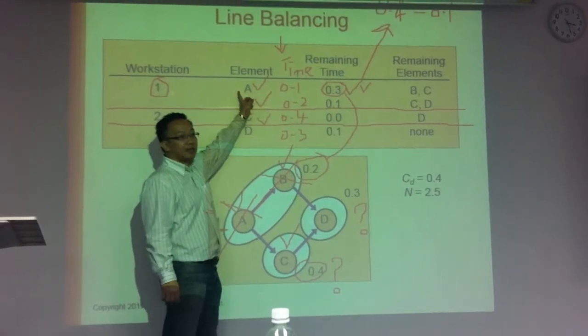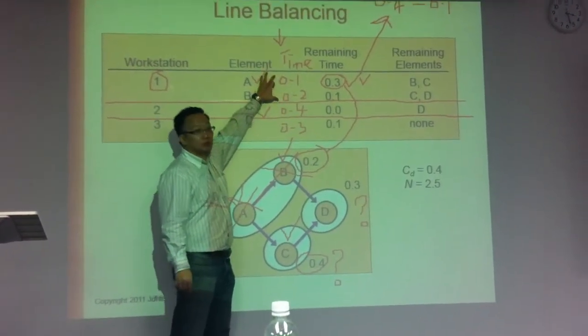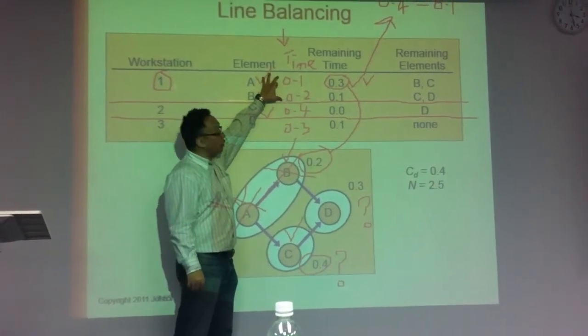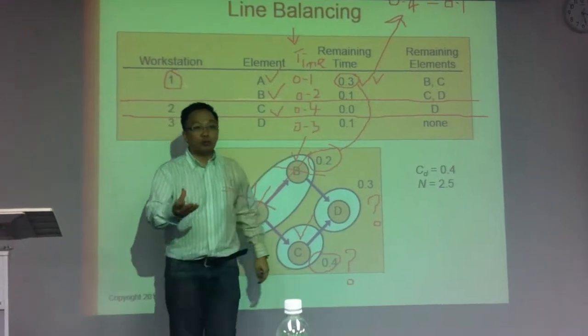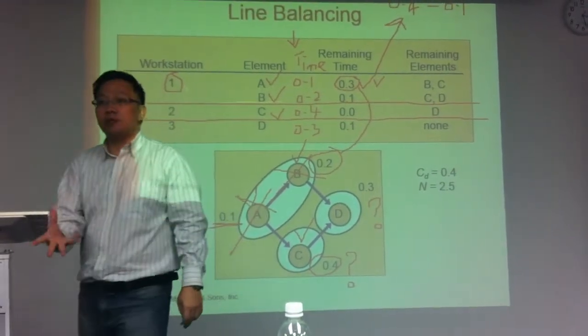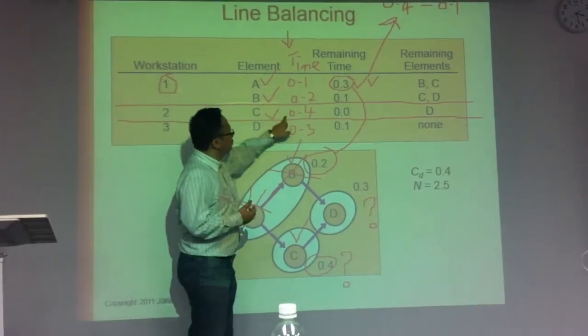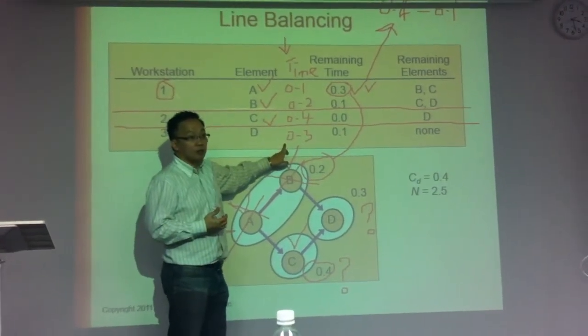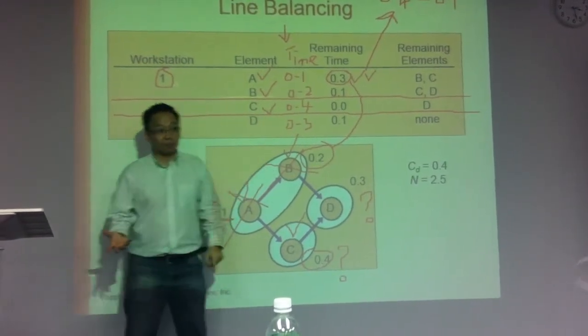Now what is the actual cycle for A? 0.1 plus 0.2, what's the total time? 0.3. Then 0.4, then 0.3. Remember I told you, cycle time is the maximum of the total. So where is the biggest? 0.3, 0.4, 0.3? 0.4. We choose the 0.4 as the actual cycle time.